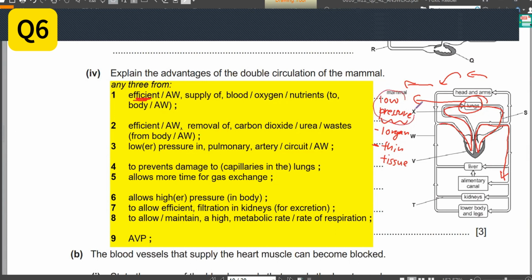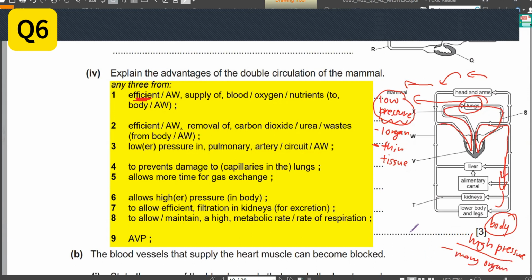So going to the lung is low pressure, and then going to the body, we will have high pressure pumping of the blood, because we are going to many organs. This is quite useful.